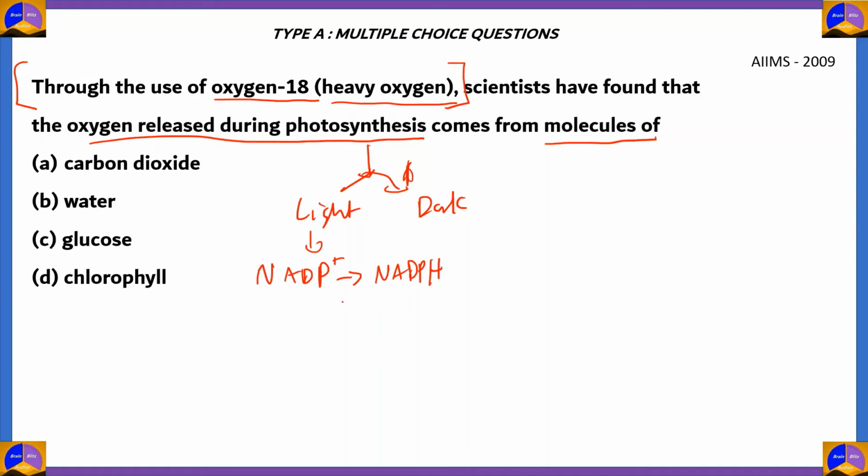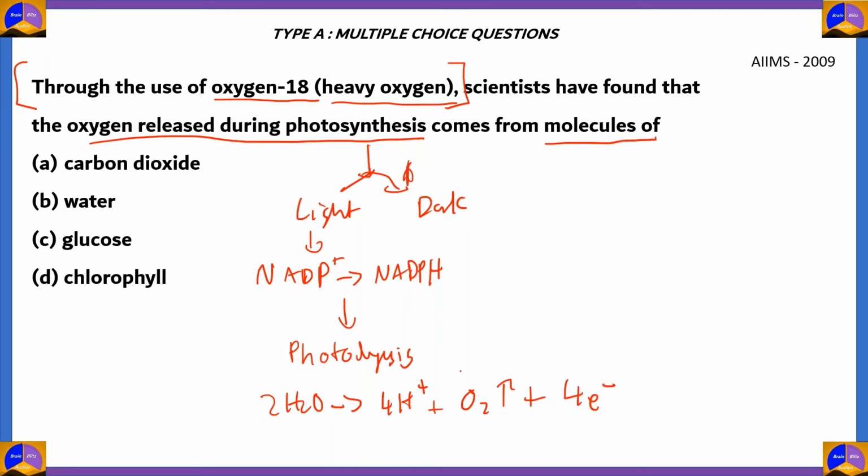And in order to make up the loss of electrons, in order to put in more electrons, they do a process known as photolysis. And this photolysis is basically the splitting of water in order to get hydrogen ions, oxygen gas, which is released, and then 4 electrons. So they use the electrons of the hydrogen plus, and then they remove the oxygen. So that oxygen is released, and that is the oxygen that we breathe. So therefore, option B, water, is the right option.